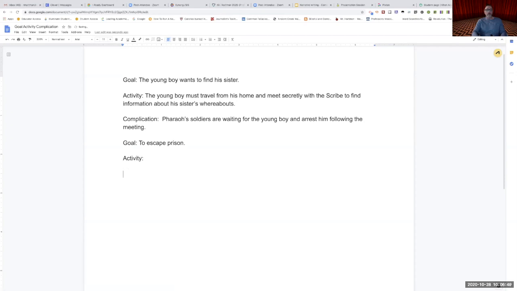Activity, complication. So activity, sneak away when the guards aren't looking. I'm just using this as an example.